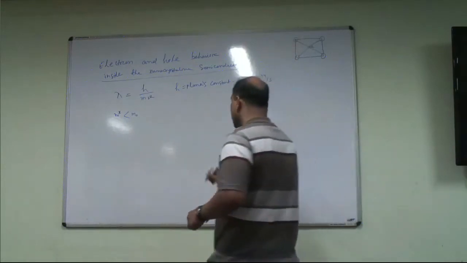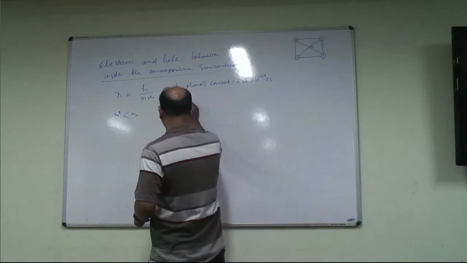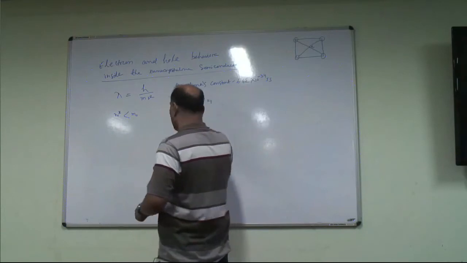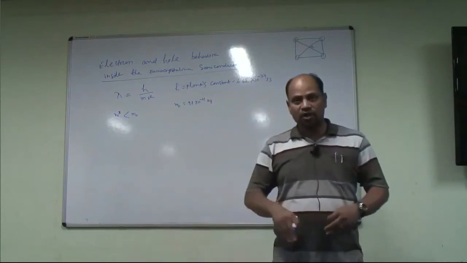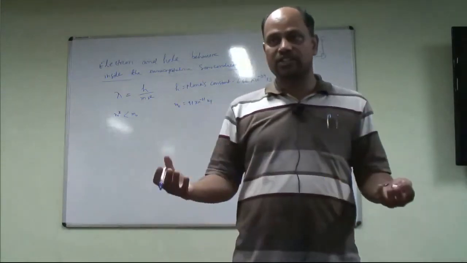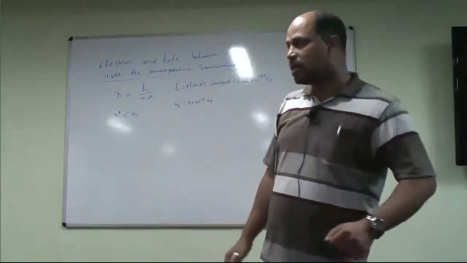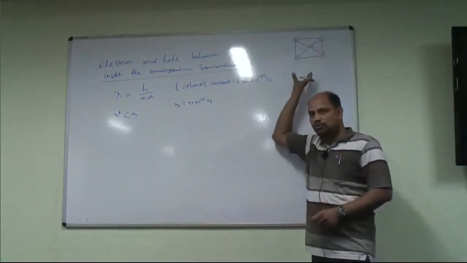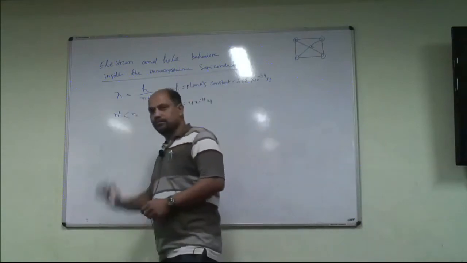The rest mass of the electron m0 is 9.1 into 10 to the power minus 31 kg. What do you mean by the rest mass? When the electron is free from any interaction, we say that it is the rest mass of the free electron. This is the mass of a free electron. But here the electron is bound inside the semiconductor, so it has an effective mass.